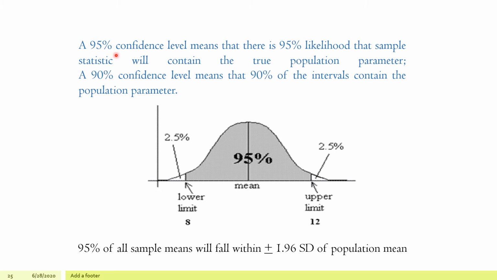A 95% confidence level means that there is 95% likelihood that the sample statistic will contain the true population parameter. A 90% confidence level means that 90% of the intervals contain the population parameter.